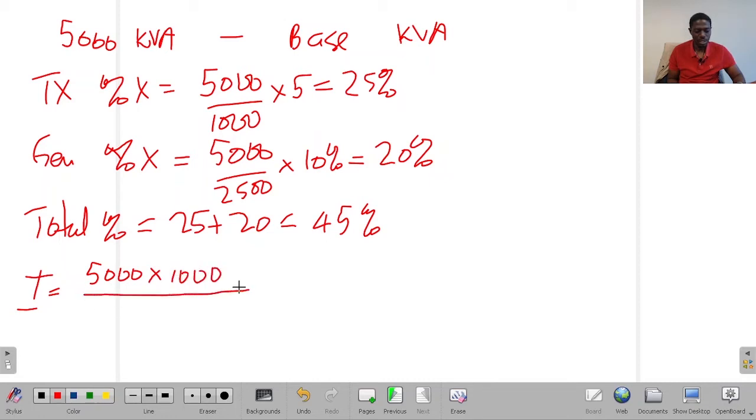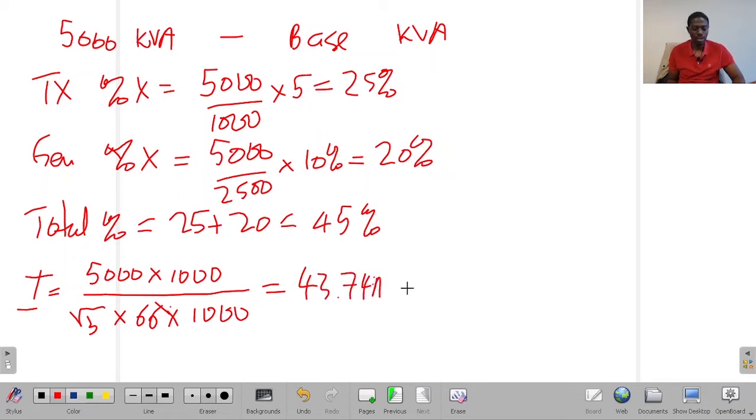multiplied by 1000 over root 3 multiplied by 66 by 1000. This gives us 43.74 amps as the full load current. Then from there, we determine our short circuit current. So our short circuit current is going to be equal to I by 100 over the percentage reactance.